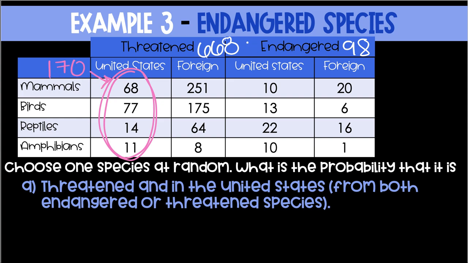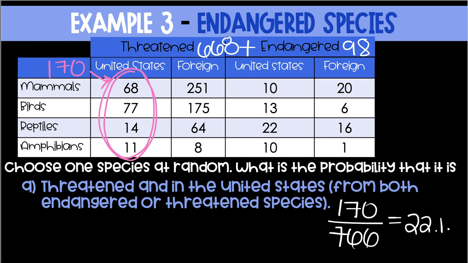Out of all of them, we have to add 668 plus the total of 98 endangered species, which is 170 divided by 766. That gives me 22.19%.